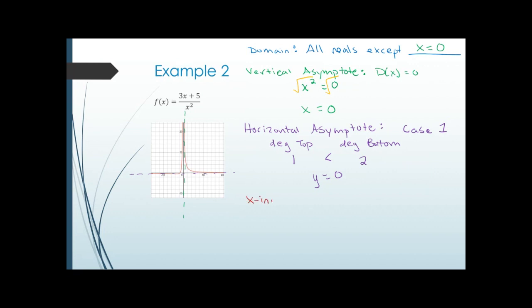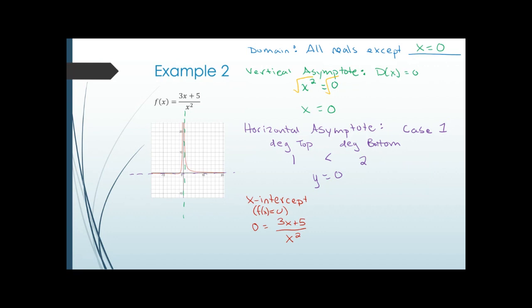So the x-intercept is where y is equal to 0 and y is f of x. So maybe I should just write f of x equals 0. So I put 0 for f of x, and I have 3x plus 5 over x squared.